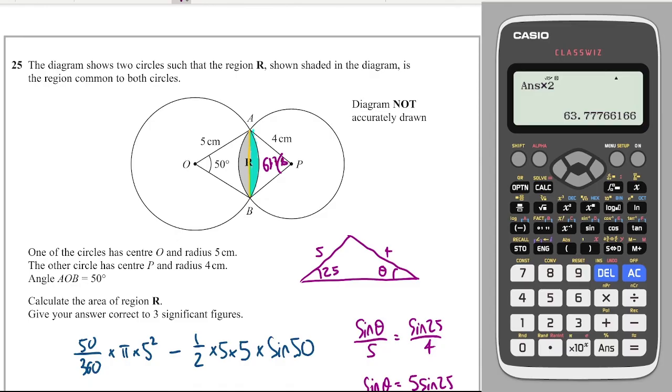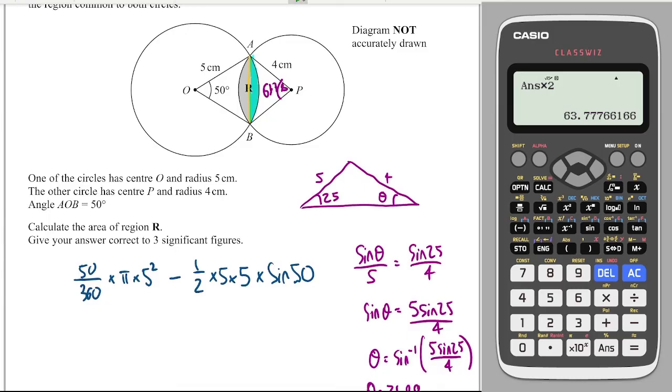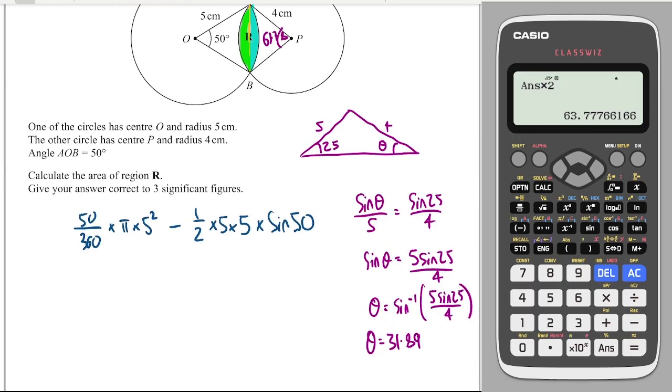Okay, now in order for me to work out this green region here, I'm going to have to do the same thing I did on the other side, which was first work out the area of the sector, which is 63.78 over 360 times by pi times by 4 squared this time.